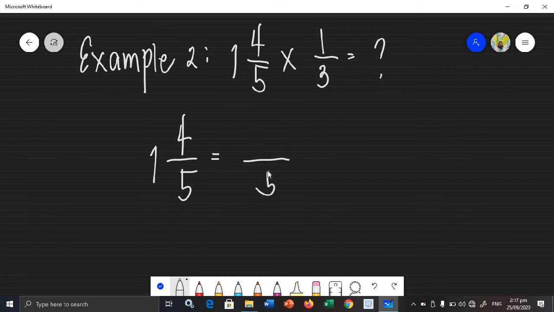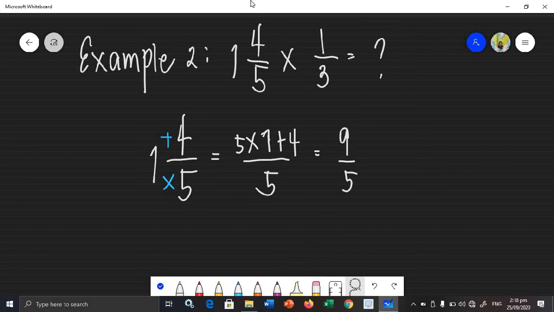So this will be 5, and then 5 times 1, 5 times 1 plus 4. Okay? You can visualize 5 times 1 plus 4. That's what happened. So, 5 times 1, that is 5, plus 4, that is 9/5.